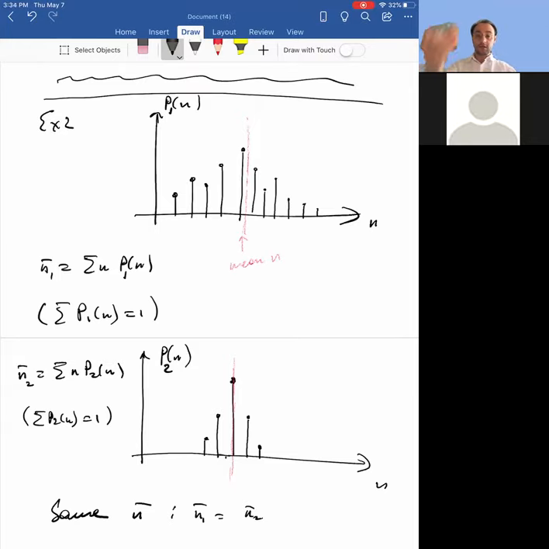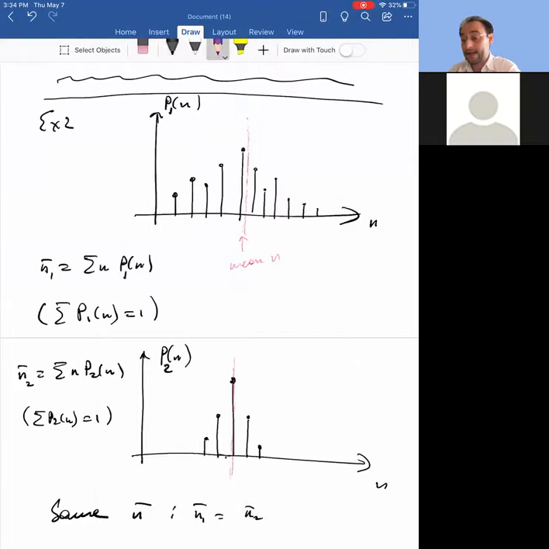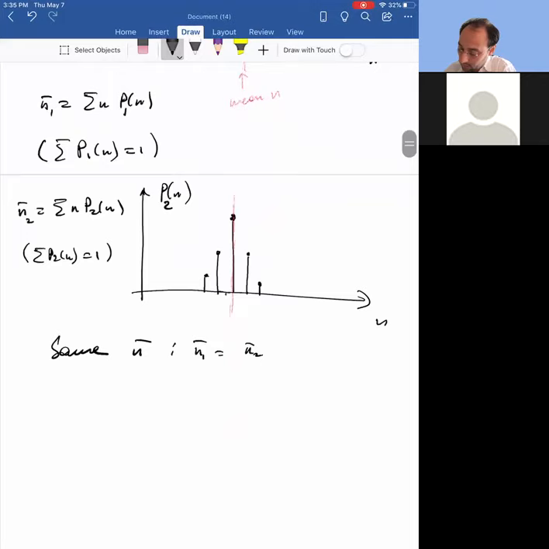Now you tell me the difference. Think about it, how would you explain to your kid sister what's the difference between the two distributions? The difference is that the first distribution, P1, is wider, it's broader, okay? P1 is broader than P2.